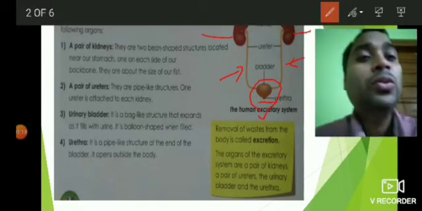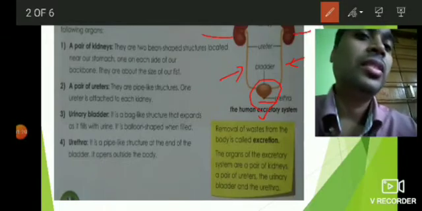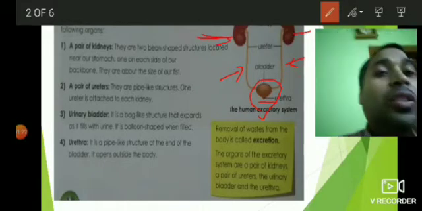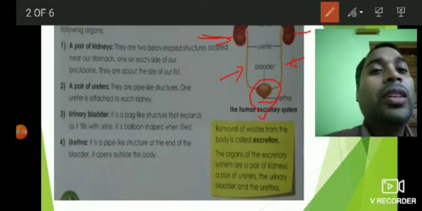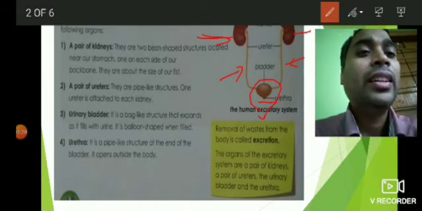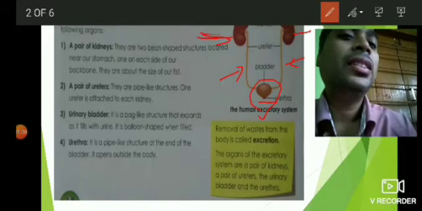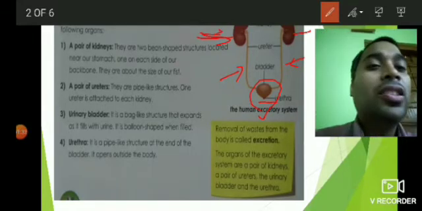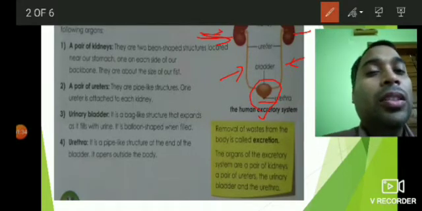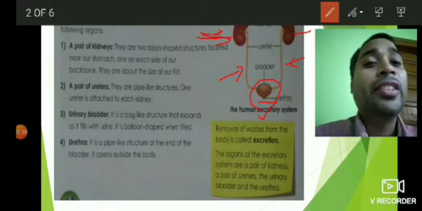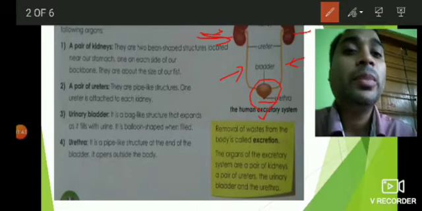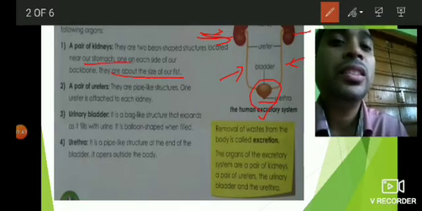So we have two kidneys, one on each side, located just near our stomach, and these bean-shaped structures are of the size of our fist. You have to remember these important points which are mentioned here.